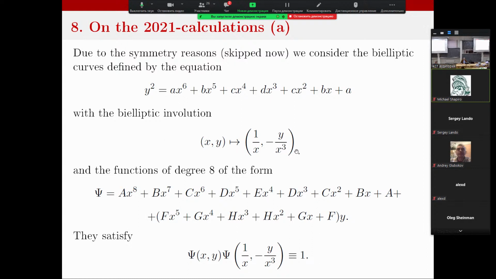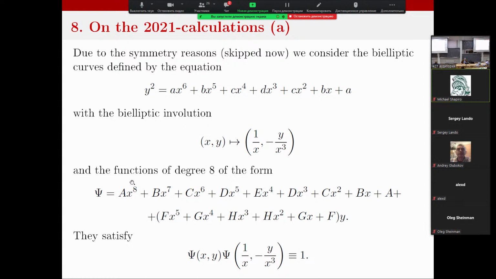Well, this involution is not an automorphism of the Belyi pair, as we see from the formula on the bottom. When we apply this automorphism, the psi function is replaced by its inverse. So it is a kind of quasi-symmetry of the Belyi functions here. That is quite typical for constructions of this kind.